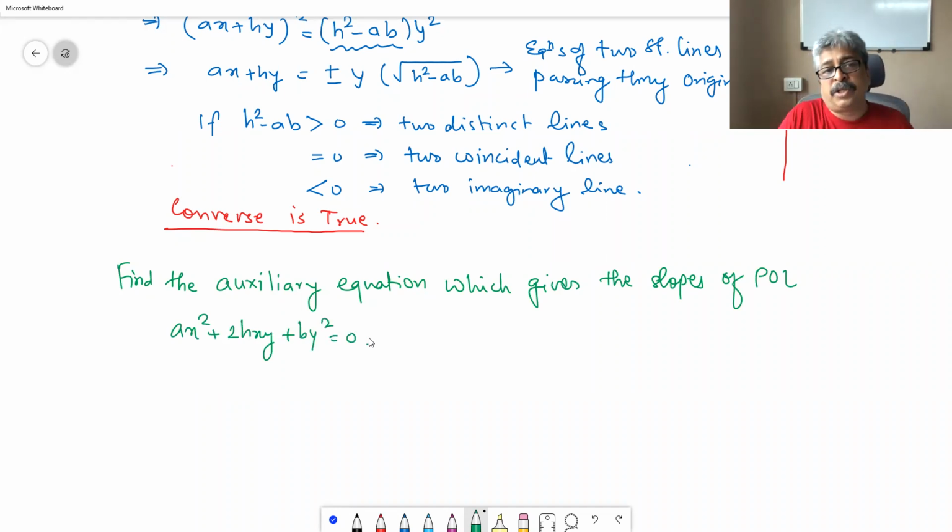Which auxiliary equation, if you solve, you will get the slopes of the straight lines, and origin is already there. So the moment you get the slope, you should be able to find out the equations of lines.